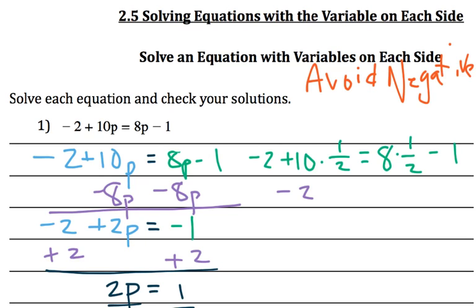So I'm going to write negative 2. Well, 10 over 2 becomes 5. So negative 2 plus 5. Well, half of 8 is 4. And so now I have 4 minus 1. Negative 2 plus 5 is 3. 4 minus 1 is 3.